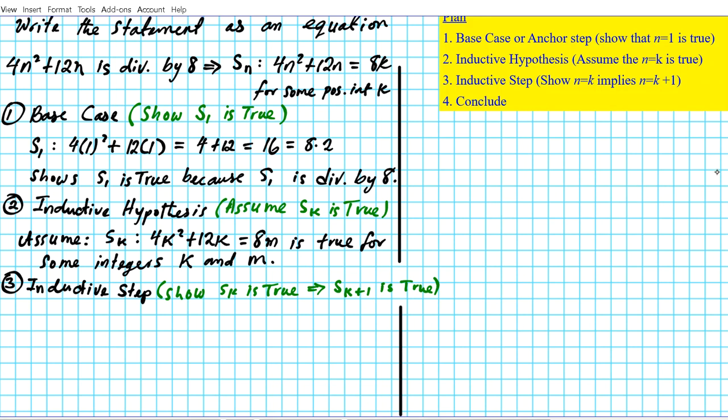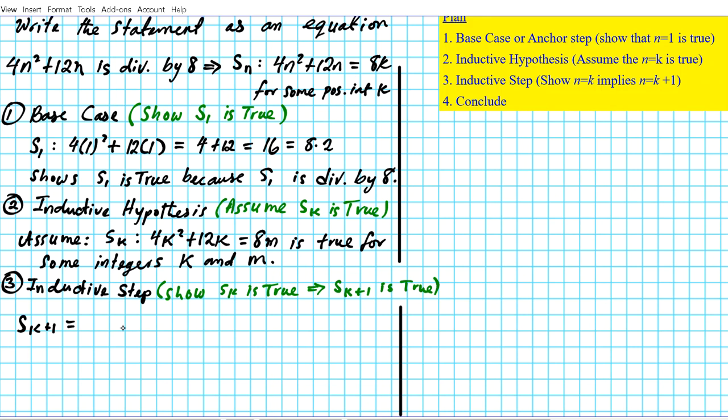Namely, that it's divisible by 8. That's the ultimate goal. Okay? All right, so what is S sub k plus 1? Let's go ahead and write that down. S sub k plus 1 is the statement you get when you substitute k plus 1 into our original statement.